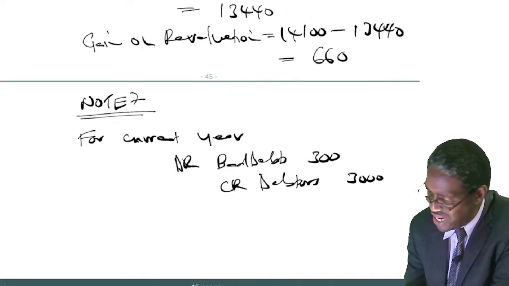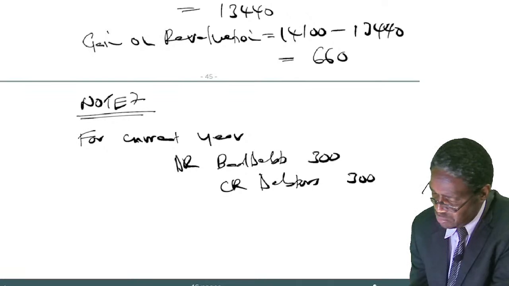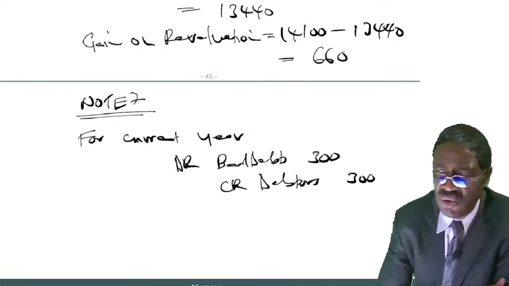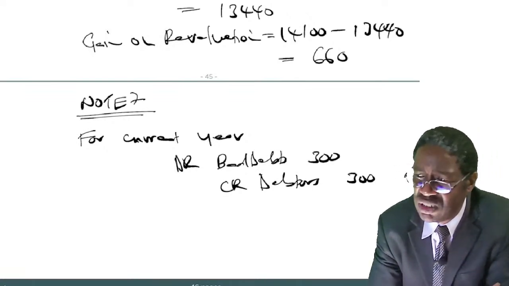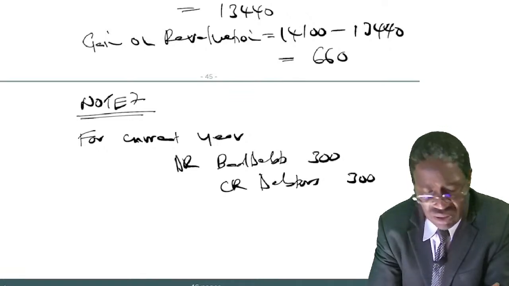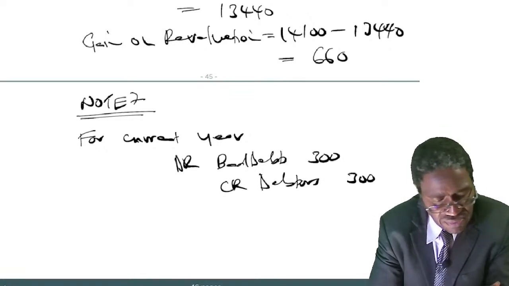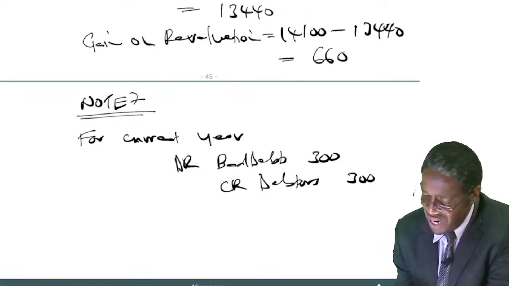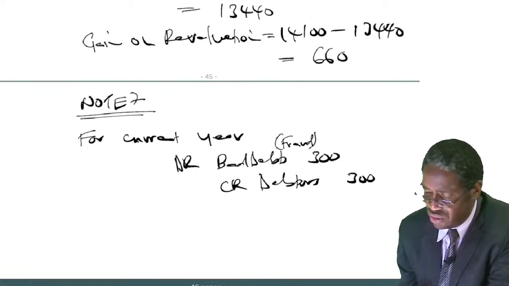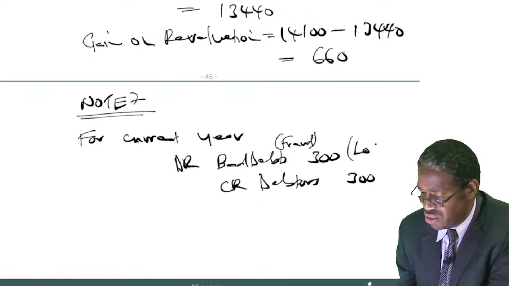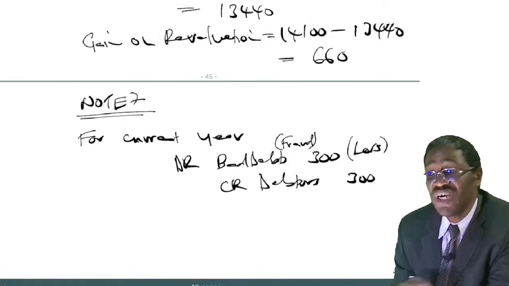Remember, the customer has already paid. So we need to reduce what he owes us, because he had already paid. It's only that we disappeared with the money. Good. So we are debiting bad debts, or what you can call fraud. No problem, it's still a loss. Maybe you can put in bracket loss to remind you it is a loss.